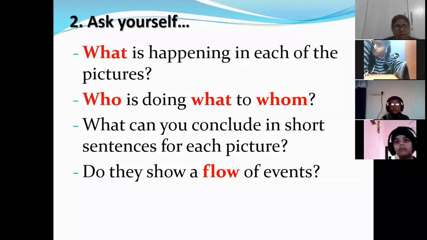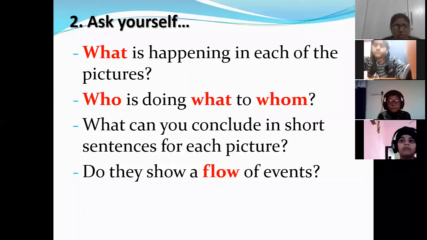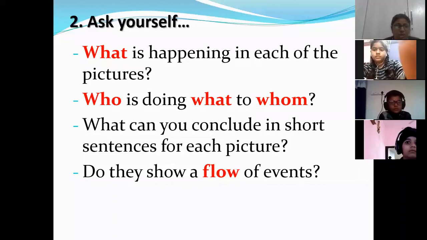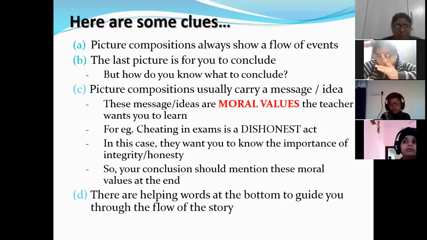When you are writing a story or a composition, if you are starting from the first picture and ending at the last one, is there a flow, or is it a jumbled story, with something happening before and something happening afterwards? These are the basic points you should ask yourself when you are writing a story or a picture composition.